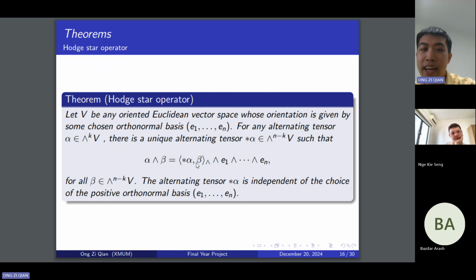So star alpha and beta are the same dimension, then they can do the inner product I just defined, and then multiply by E1 wedge E2 until En. Is there one more wedge here? It's a typo. The Hodge star is the inner product multiplied by the E1 wedge until En.